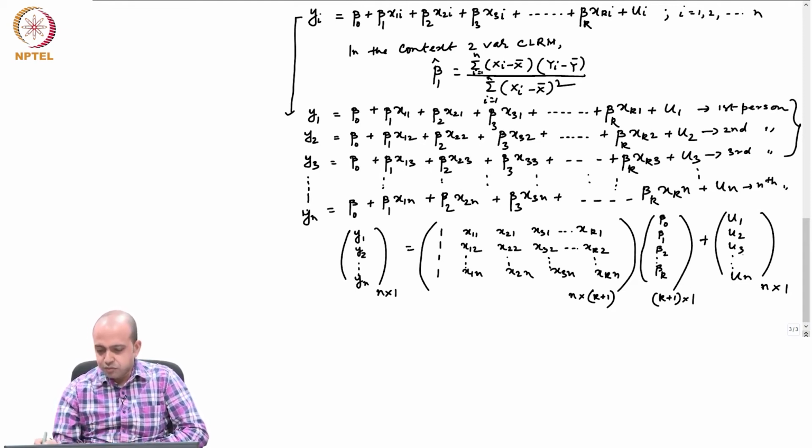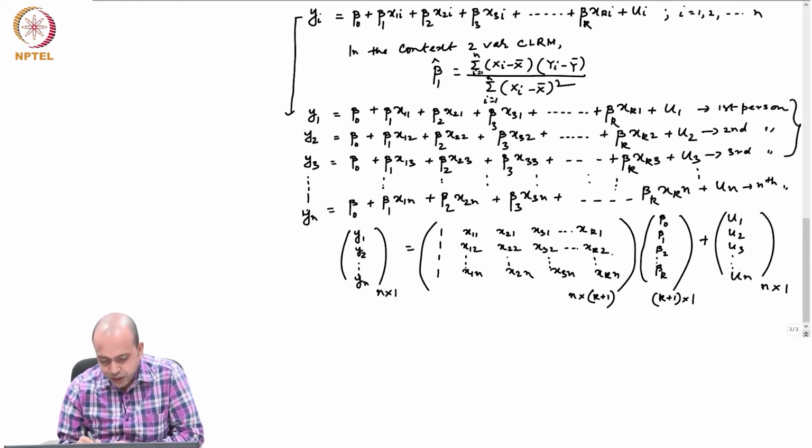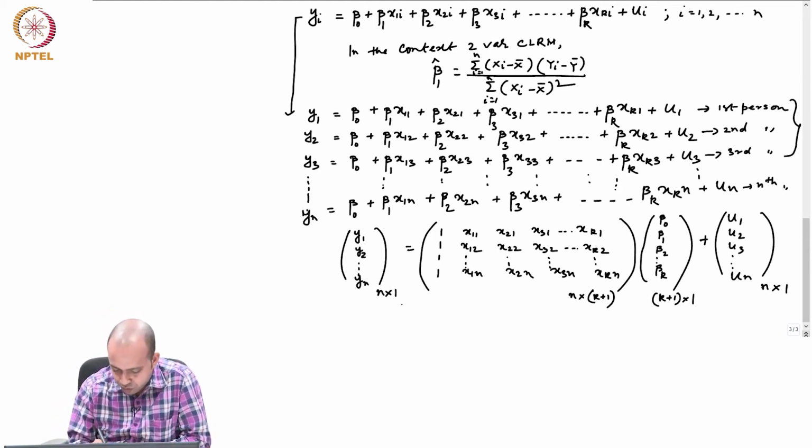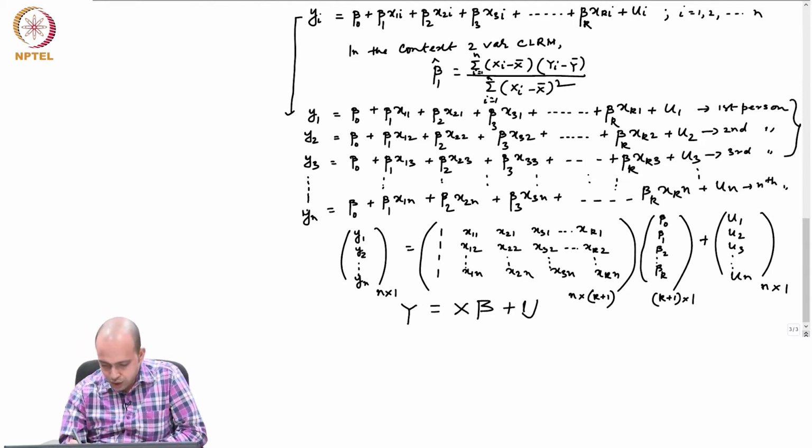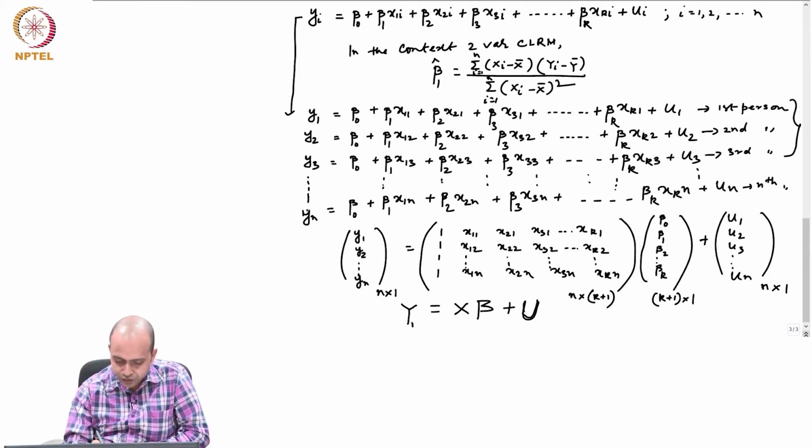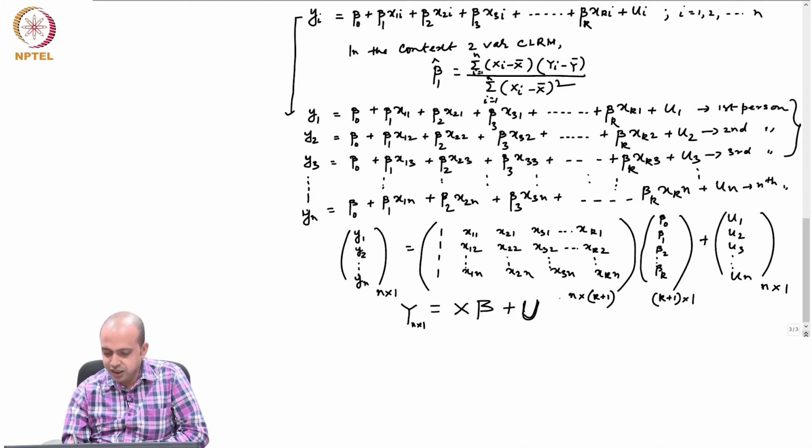Now, after this, what we can write in a more compact form is y equals x beta plus u. So, I am writing y equals x beta plus u, where y is an n cross 1 matrix, x is an n cross k plus 1 matrix. All of these entries together constitute the x matrix.